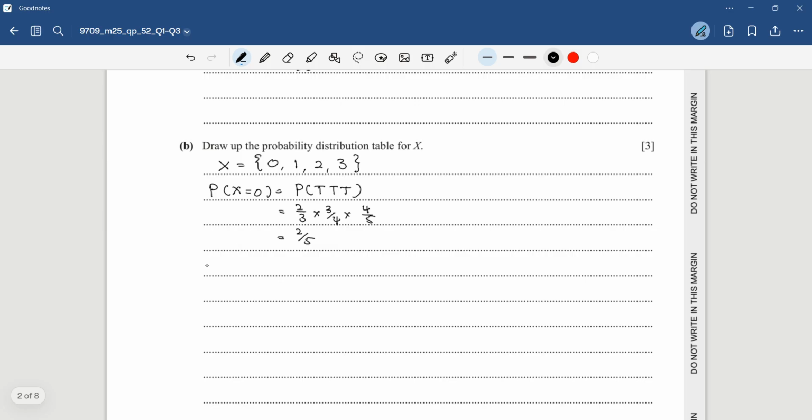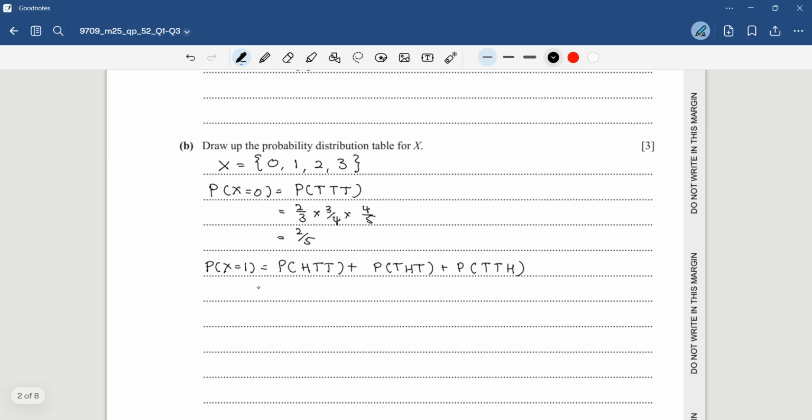So the probability of getting x equal to 1 will be the probability of head, tail, tail, or tail, head, tail, or tail, tail, head.